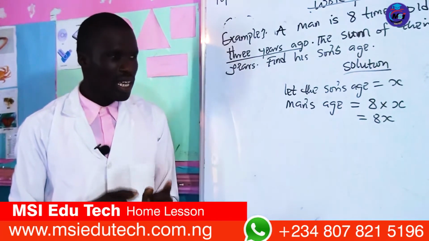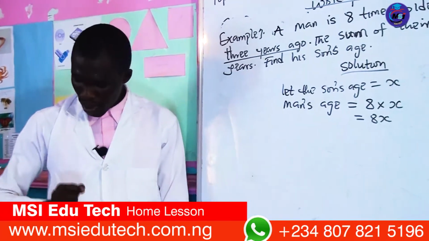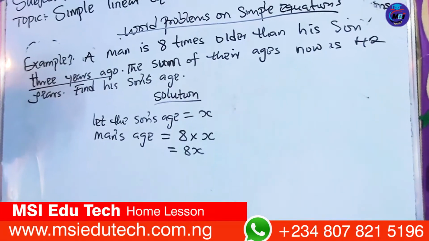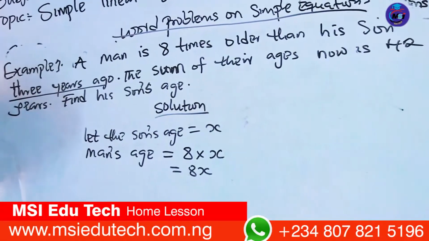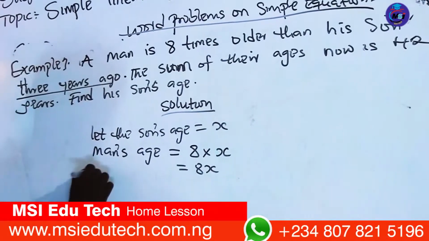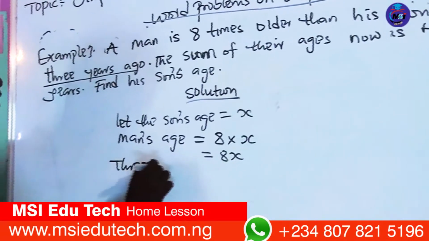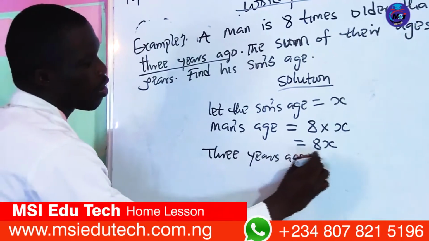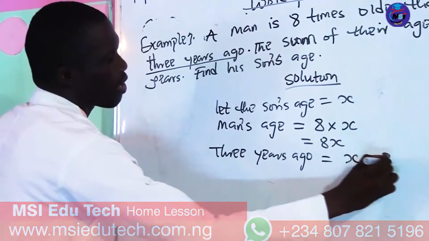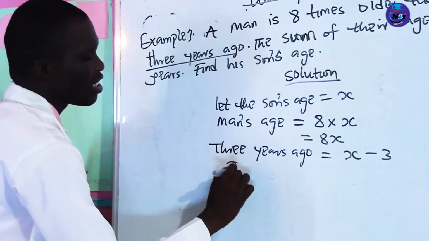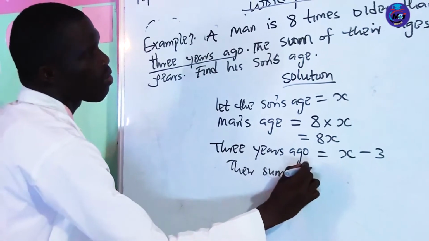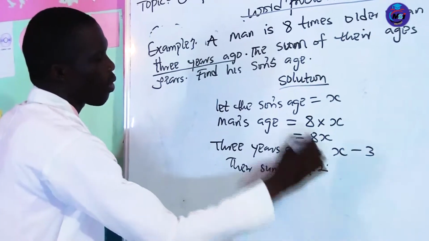That means we are going to have the son's age 3 years ago equals x minus 3, and their sum is 42.